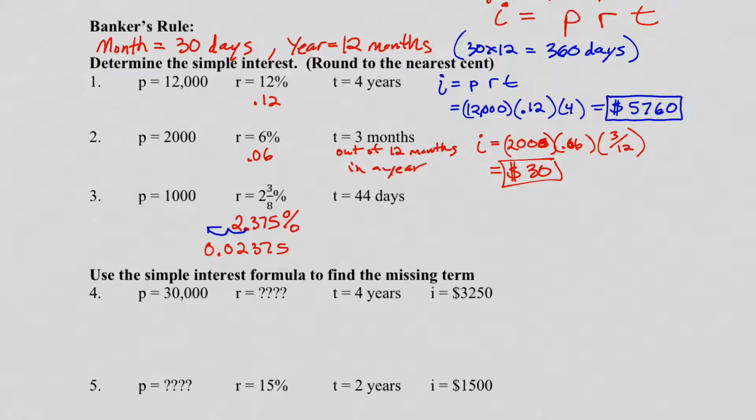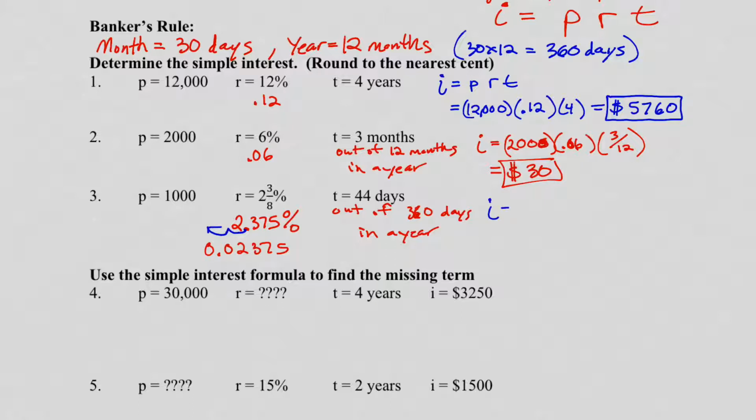Okay. In addition to that, we have 44 days, and those are days out of the banker's rule says 360 days in a year.